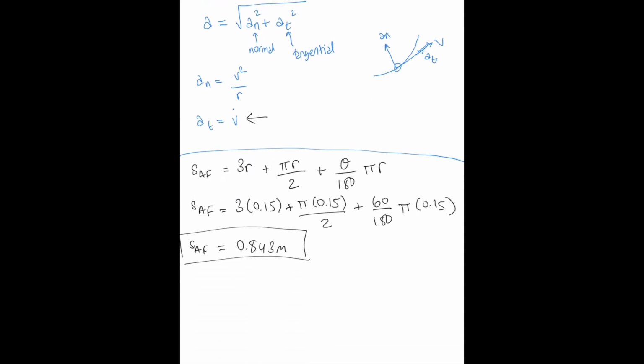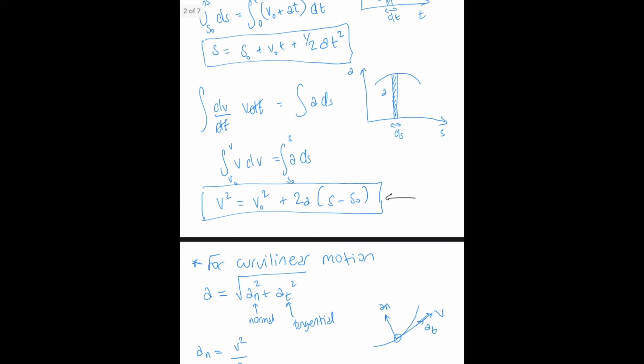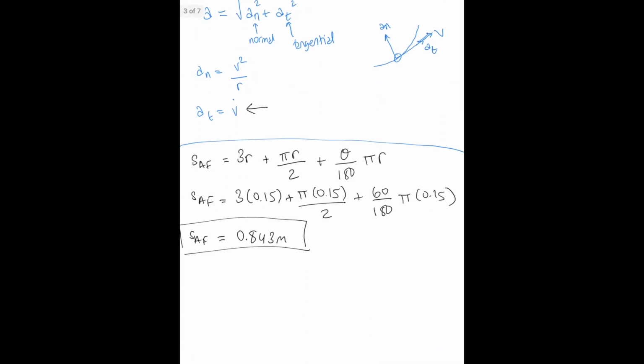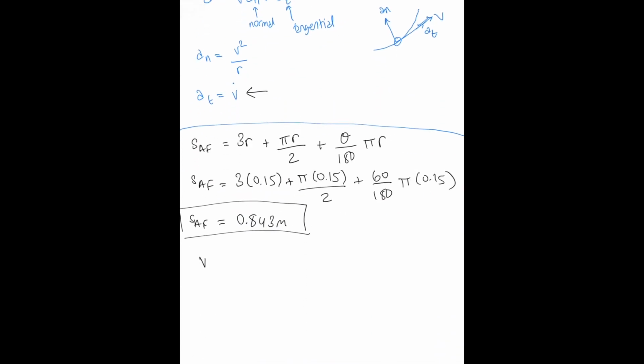So we're going to use this equation over here to find the acceleration. It's going to be v_F squared equals v_A squared plus 2 a_t S_AF.